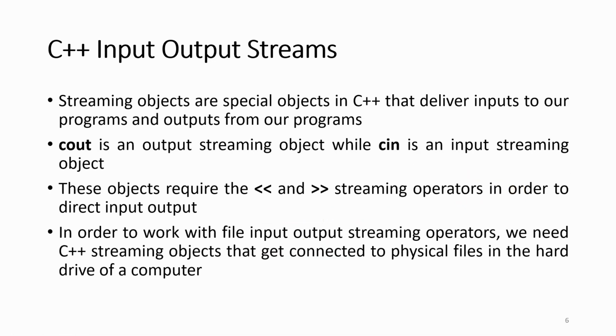Streaming objects are special objects in C++ that deliver inputs to our program or deliver output from our program. As an example, cout is an output streaming object, while cin is an input streaming object. There's a class defined in the iostream library, and cout is an instance of that class, and cin is an instance of another class.